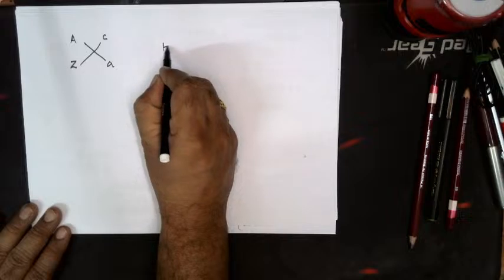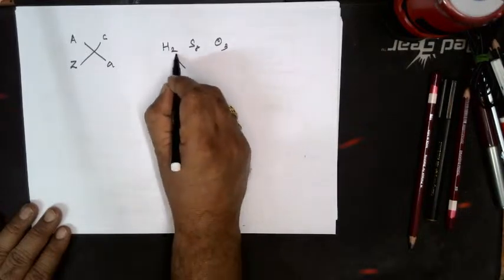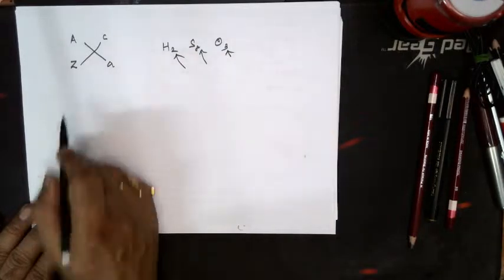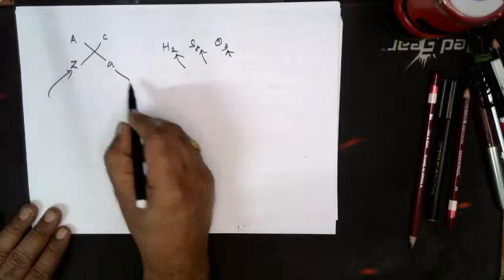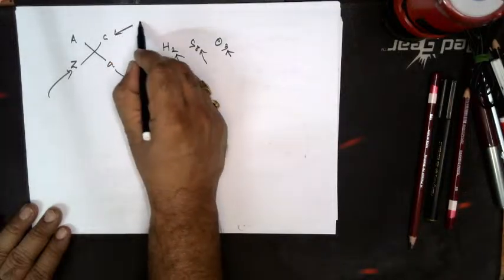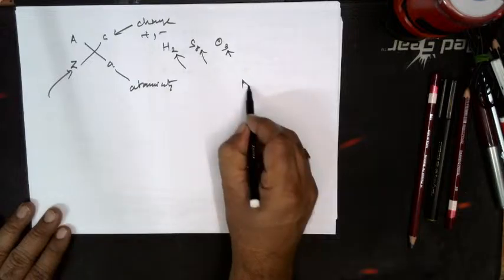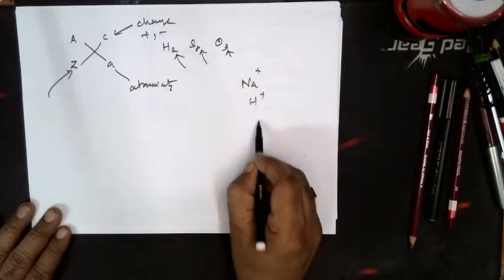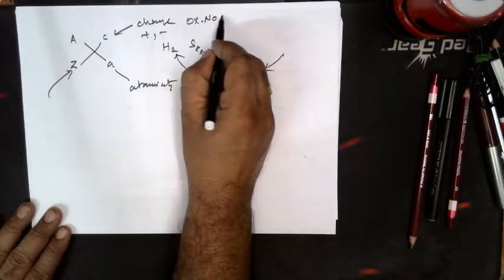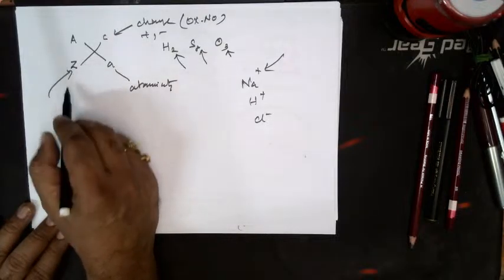For example, when I mention H2, S8 sulfur, O3 ozone, these are all atomicity, the number of atoms present in a molecule. So A represents atomicity, you should never forget this. And what about this? This is charge, whether it is plus or minus. For example, we put Na plus, H plus, Cl minus. So these are all charges, and it is also called oxidation number. Okay. And this Z is nothing but the atomic number.